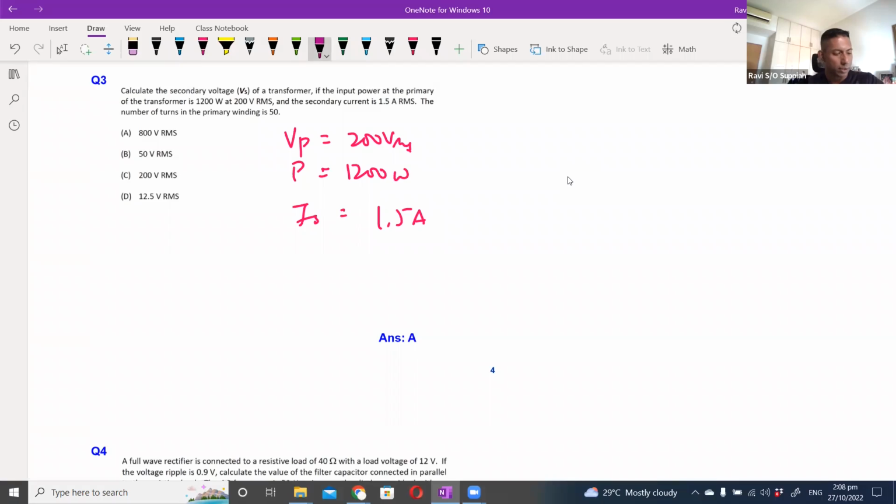For a transformer, we always assume that the input power is equal to the output power. So if input power is 1200 watt, the output power is also 1200 watt. Power is IV, so it's 1.5 multiplied by Vs. So Vs will be equal to 1200 over 1.5, which will give me 800.